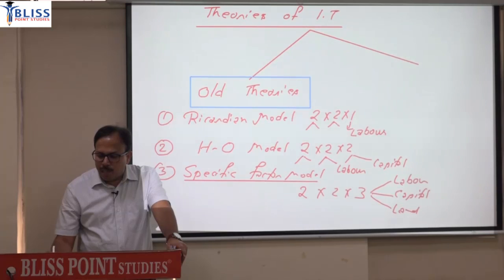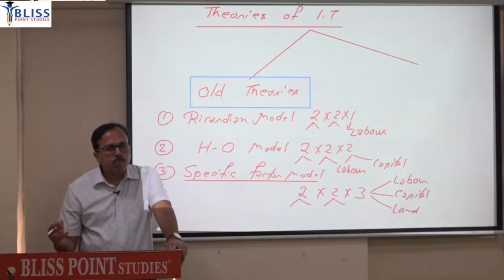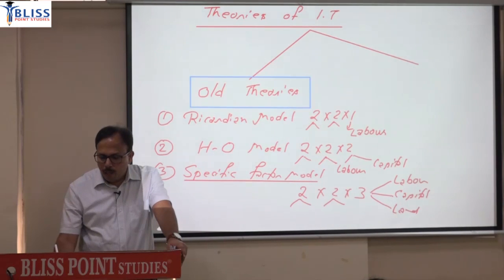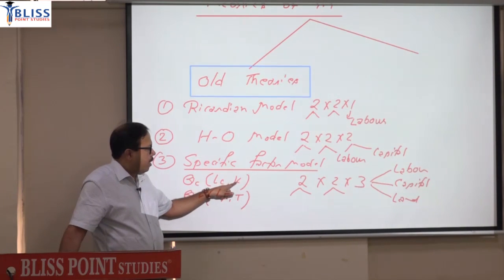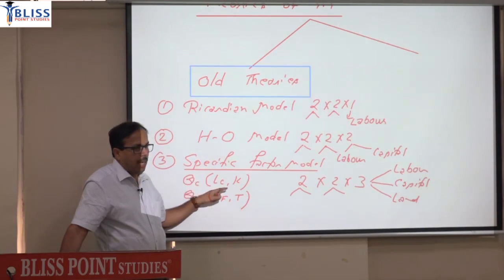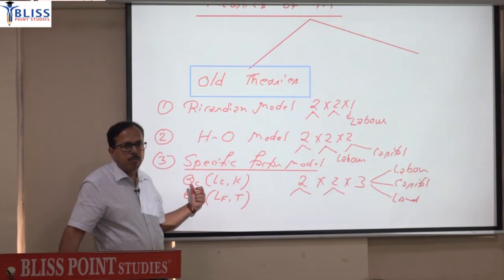In the specific factor model, if there are home country and foreign country again producing two products, cloth and let us say food, if I say production of cloth is a function of labor used in cloth and capital, and production of food is a function of labor used in food and land, land denoted by T, it means capital is specific to cloth, land is specific to food.